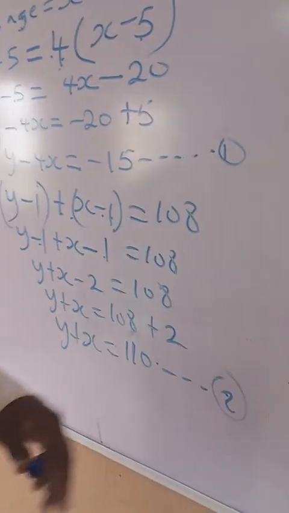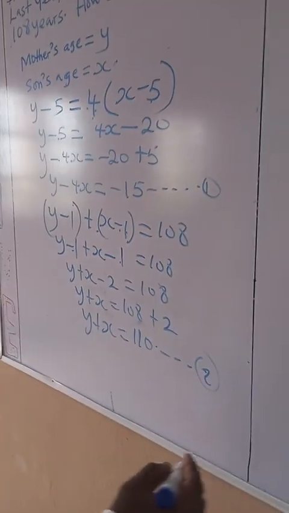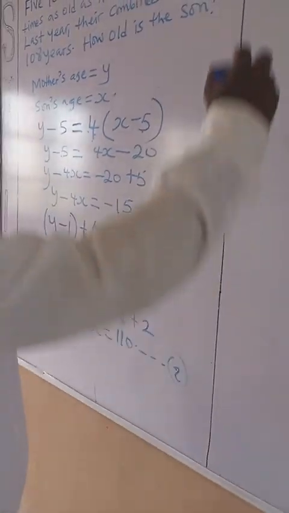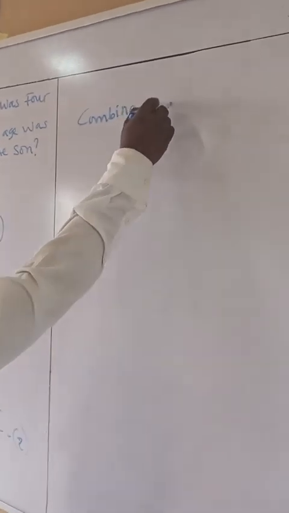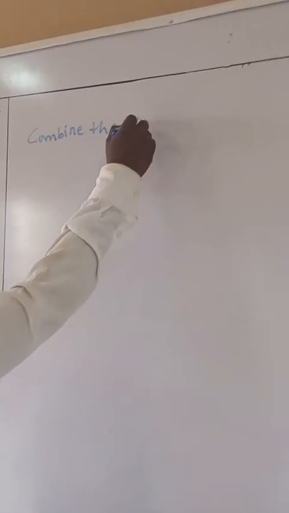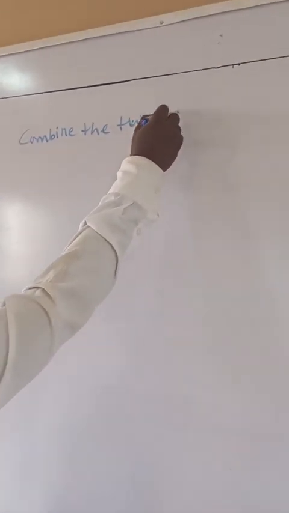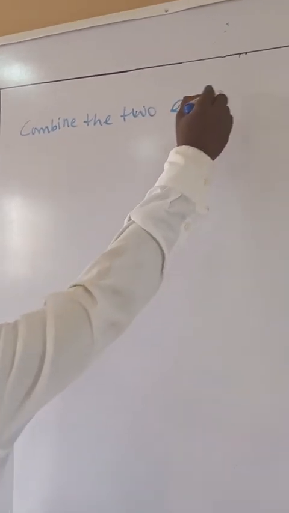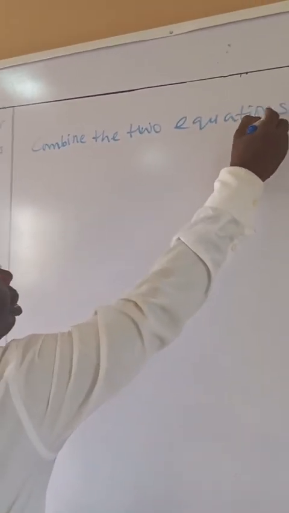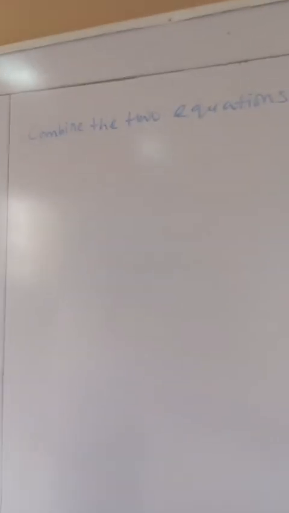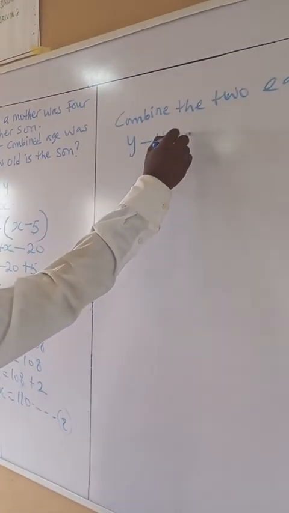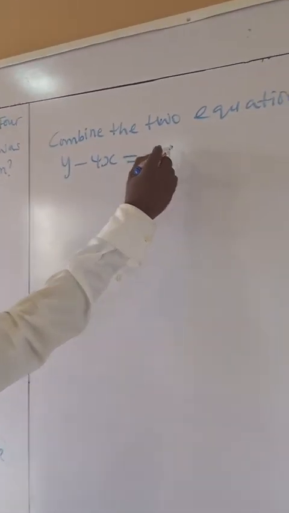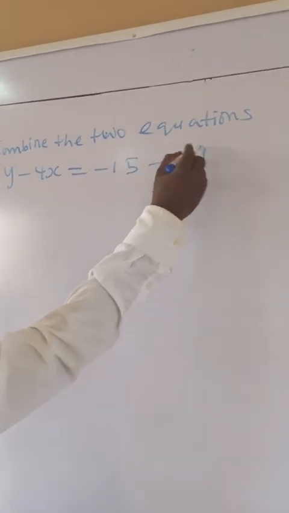Now, I will combine the two equations. The first equation is y minus 4x equals minus 15, equation 1.